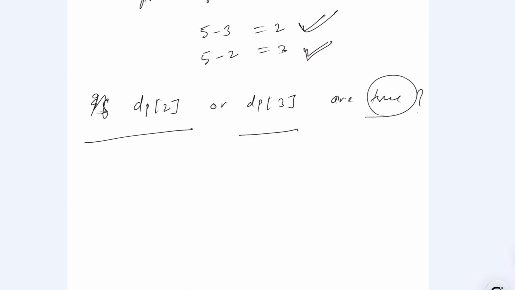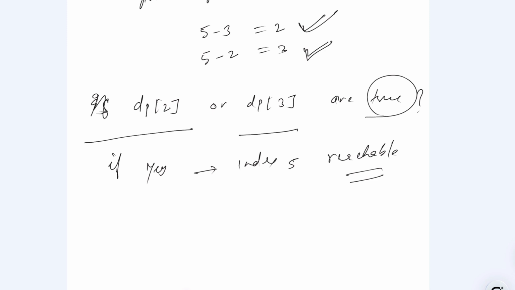If they are true, then index 5 is reachable. Am I correct or not? Right? This is what we want, guys.